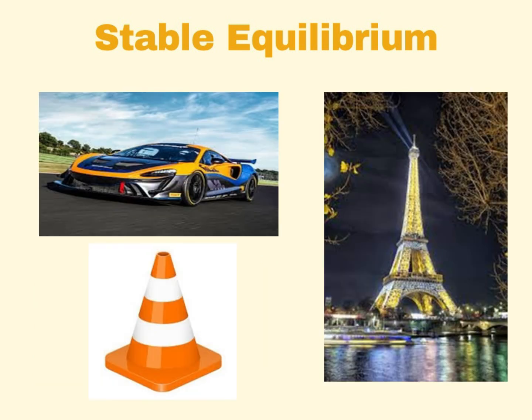And we also have here some of the examples of stable equilibrium. A four-wheeled car, a traffic cone, and an Eiffel Tower. As you can see, these three samples show a wide base.